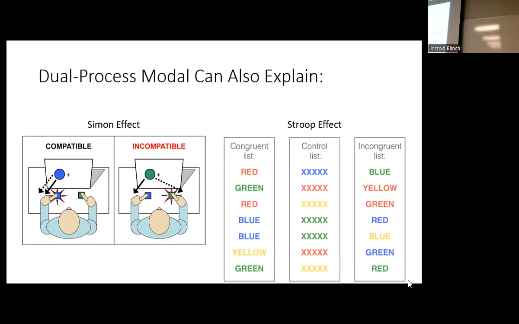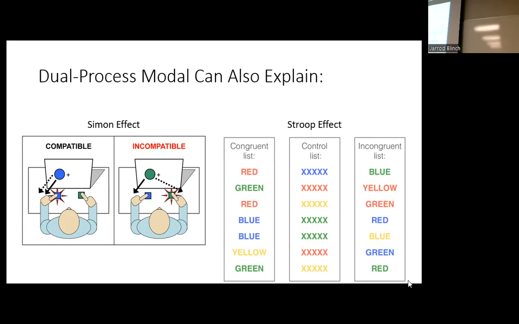This is kind of a fun demonstration where you try to read these words. Sorry, not the words, you're trying to read the color that the word is printed in. And here it's easy because the name of the word, which is red, and the color it's printed in, red, are the same. So the automatic and intentional pathways both say, oh, I want to say red, great, just say red. This is fairly easy too because there isn't a word to distract you, we're just focusing on the color. But then over here, there's this conflict.